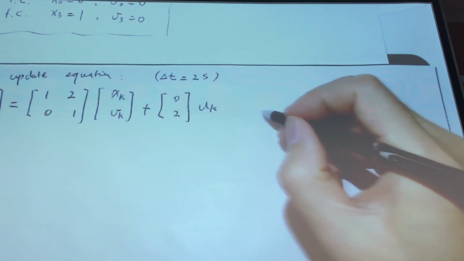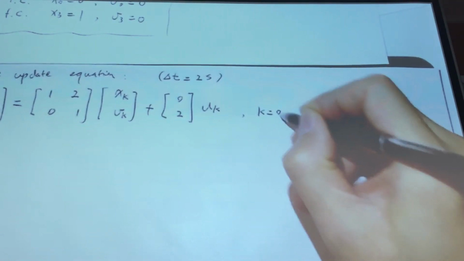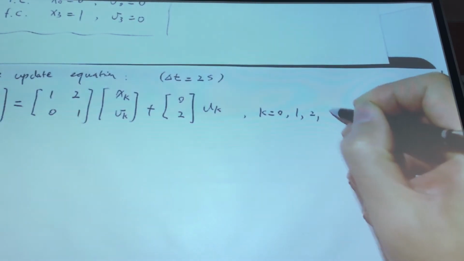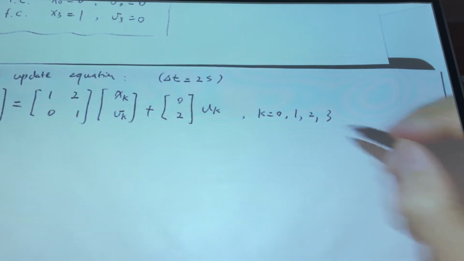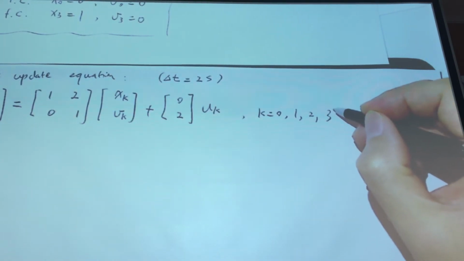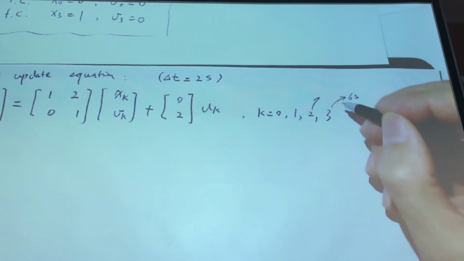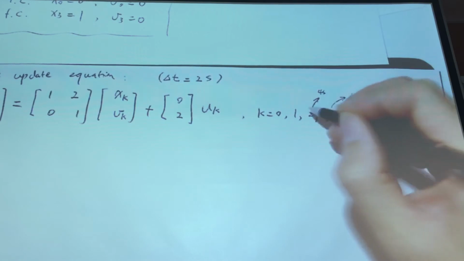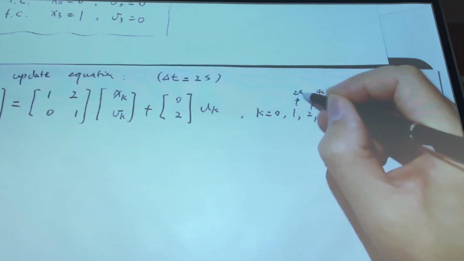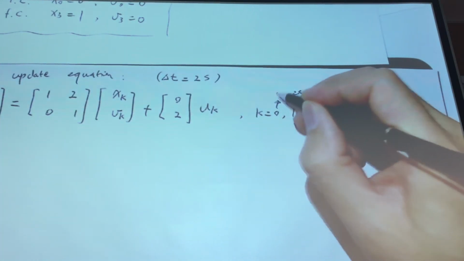In this case, we know k equal to 0, 1, 2, 3. So k equal to 3 corresponds to 6 seconds, k equal to 2 corresponds to 4 seconds, k equal to 1 corresponds to 2 seconds, and k equal to 0 corresponds to 0.